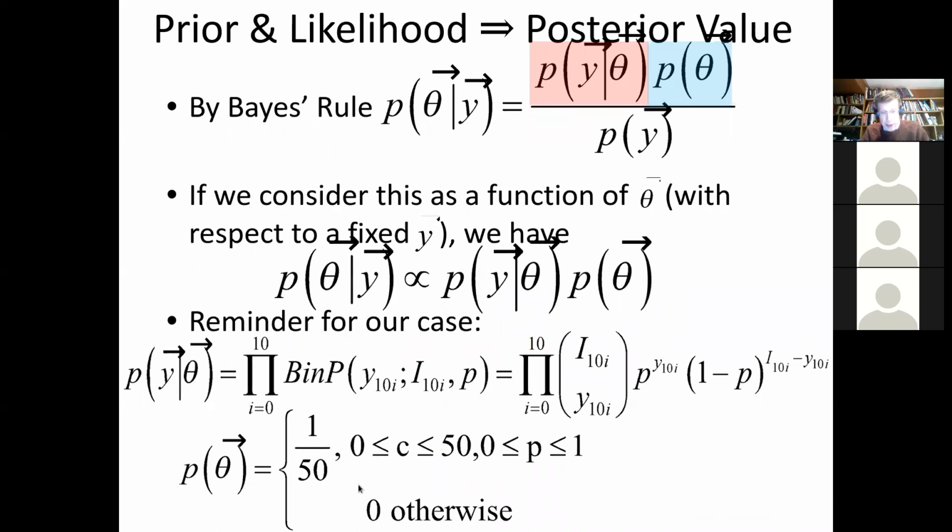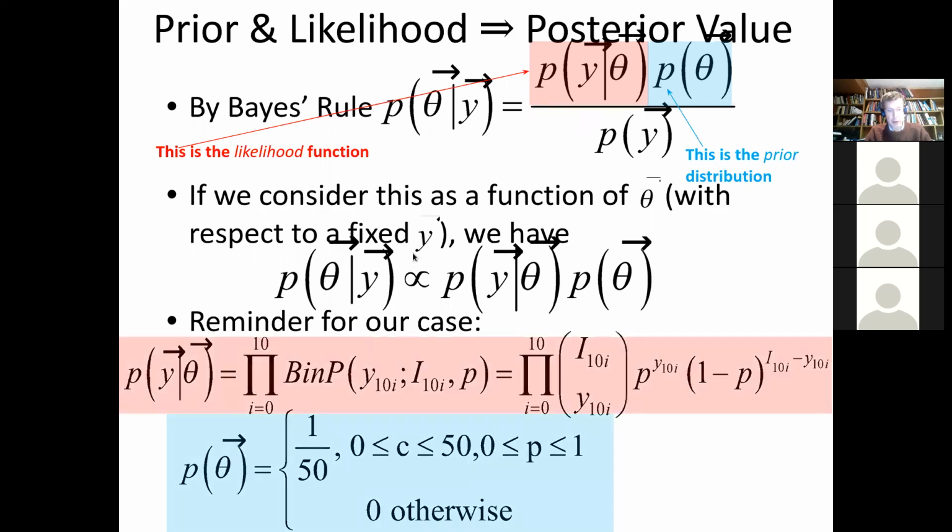And then our prior distribution, well, for now, we'll make use of this uninformative prior, this uniform prior, right there. So here we have the prior distribution, here we have the likelihood function, and those map to these.